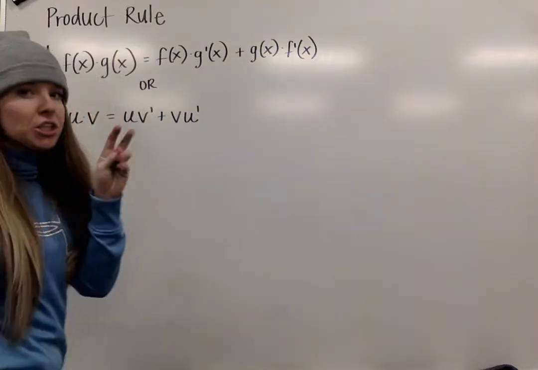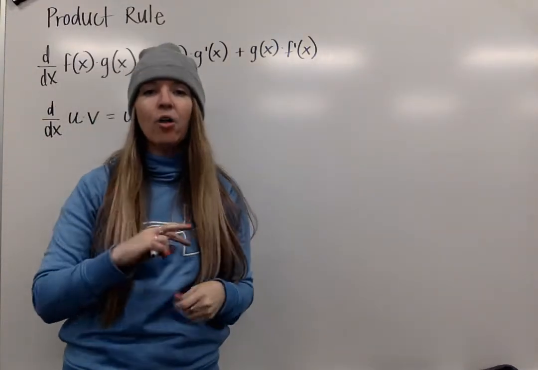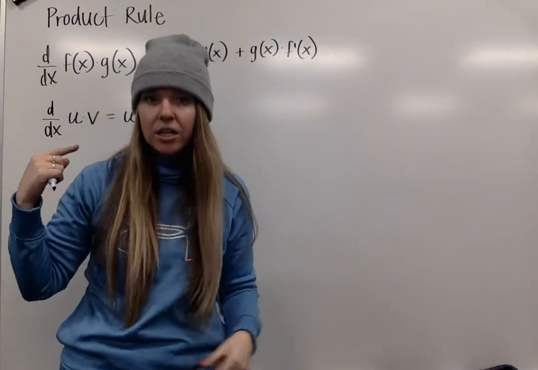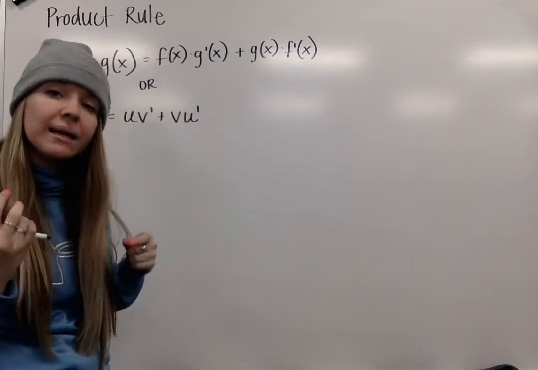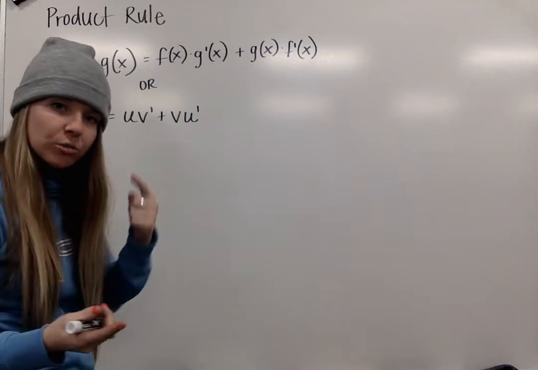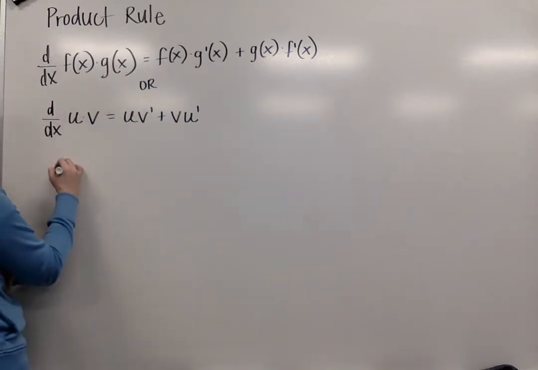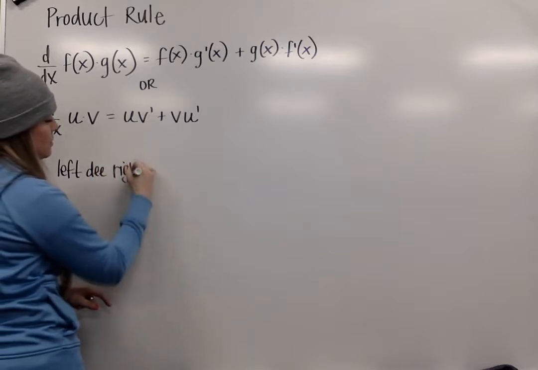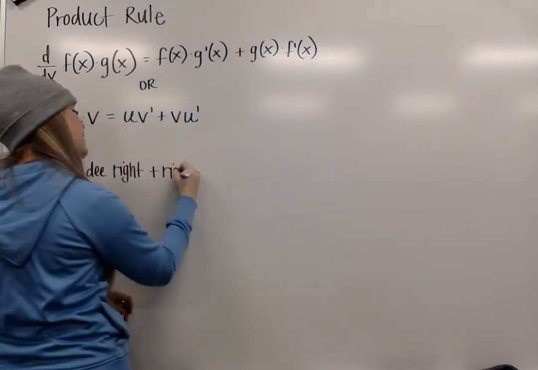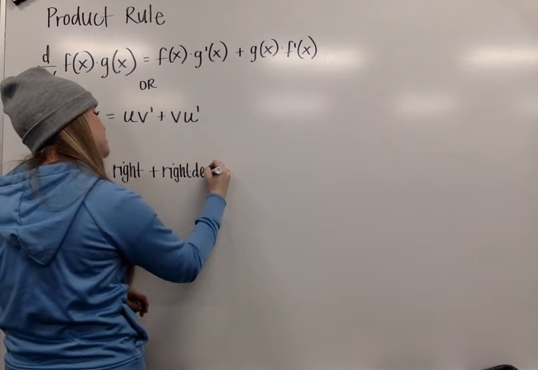I've got this little nursery rhyme type thing that can help you remember this pattern. It definitely doesn't sound as scientific or cool, but it will help you remember it. It'll get stuck in your brain. So I say left d right plus right d left.